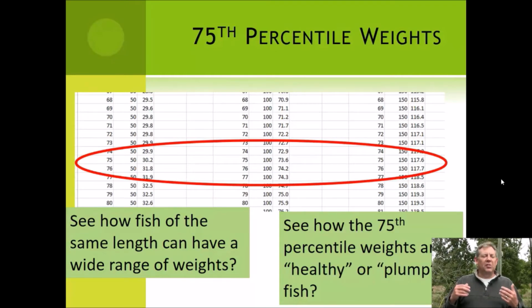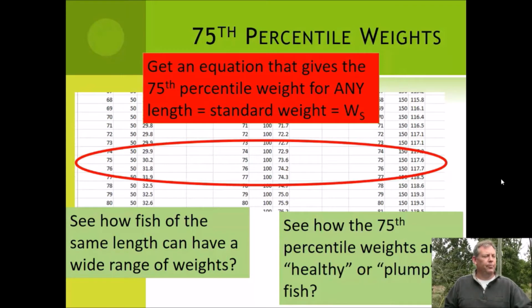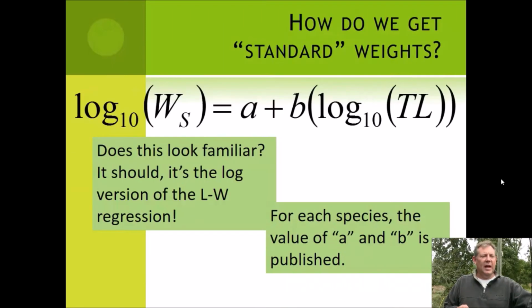And this represents a healthy or a plump fish, not an average fish. And so the equations that are published allow us to take any length and get the standard weight, the 75th percentile weight for that species at that length. And that's what W sub S is.